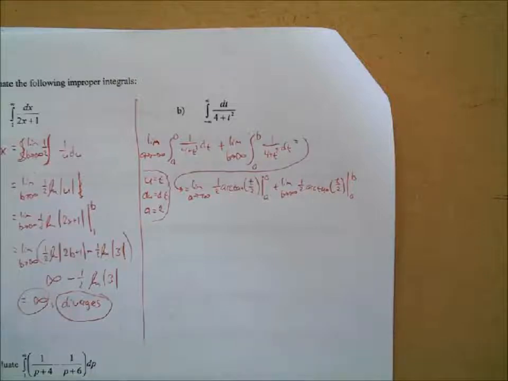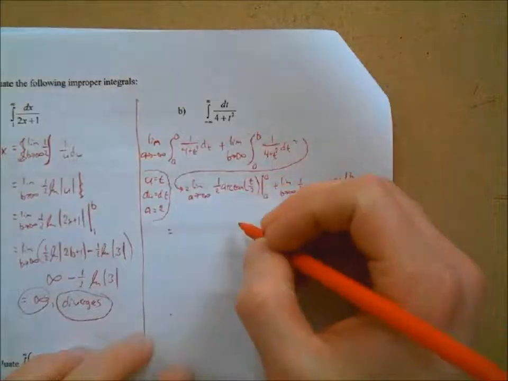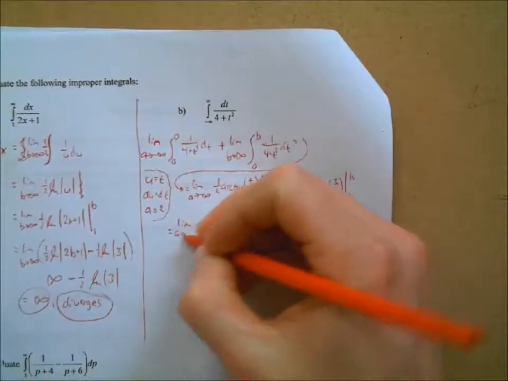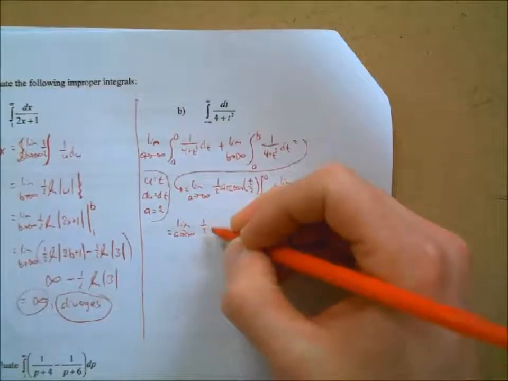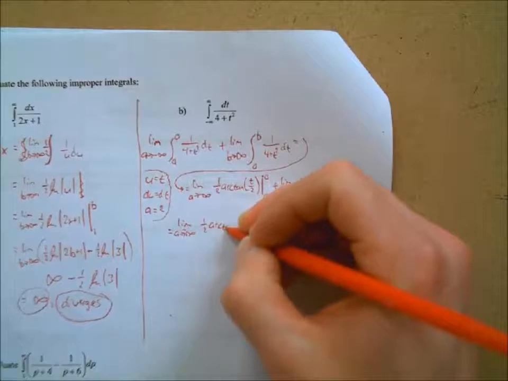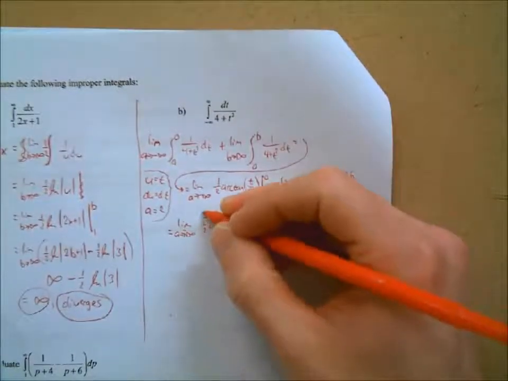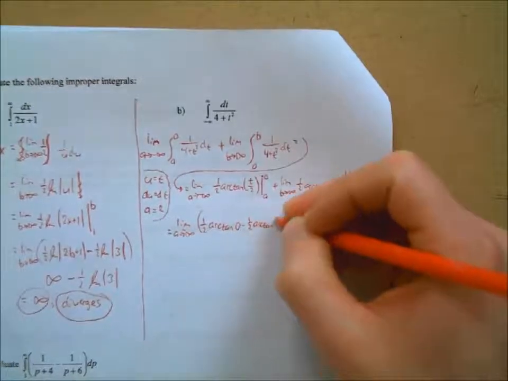And now we can evaluate, right? Now we can just directly substitute our upper and lower limit in and solve. So we'll continue to write the limit as a approaches, or sorry, negative infinity there. So we'll do 1/2 arctangent of 0, minus 1/2 arctangent a over 2.